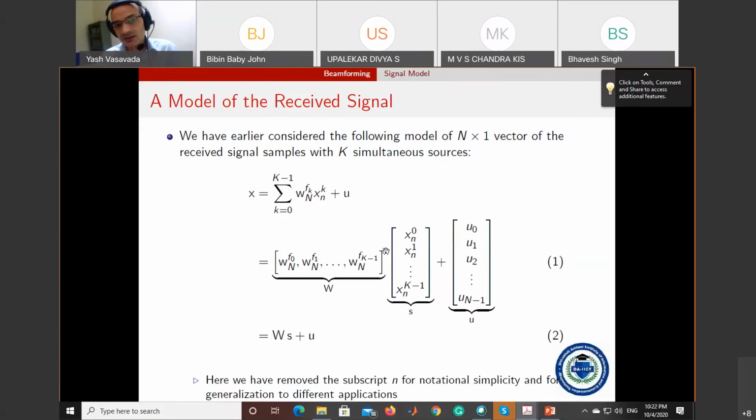Whereas in this beamforming type of situation, these x0, x1 are different users, not co-located, and so it may be difficult to ensure synchronous reception. But if we assume that they are synchronously received, then this framework is the same as that MIMO framework that we saw earlier.